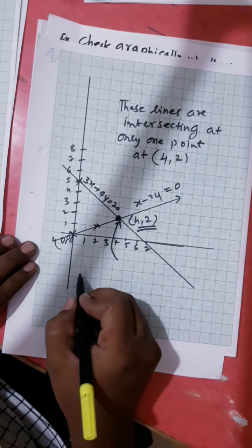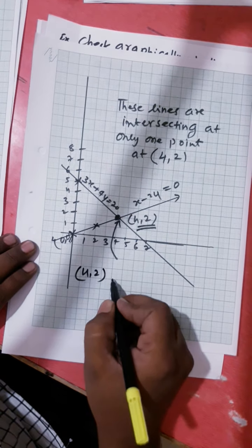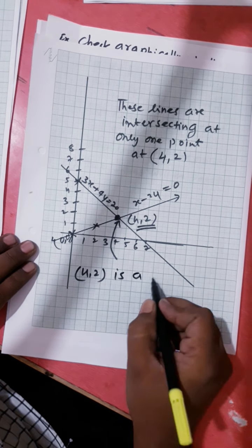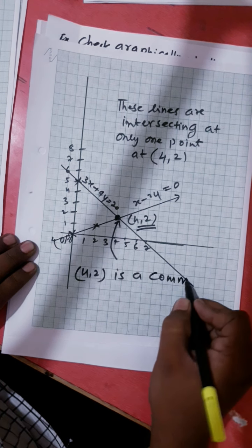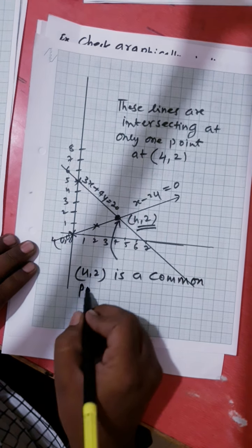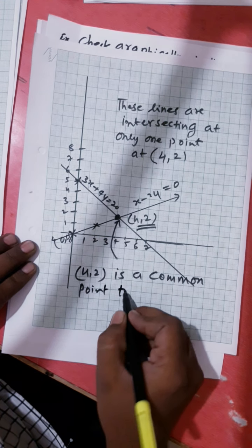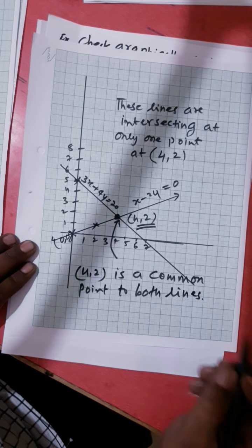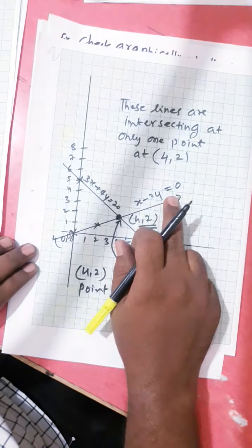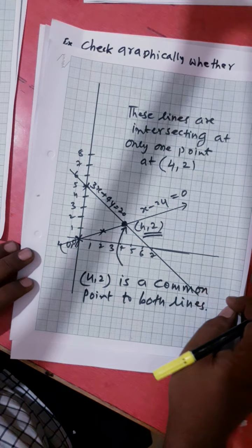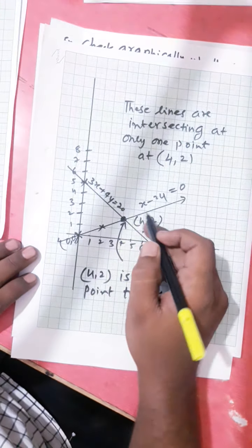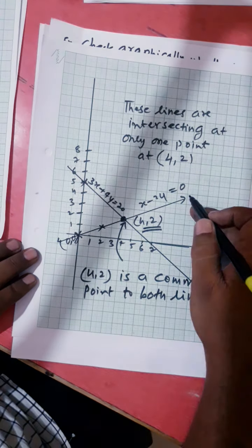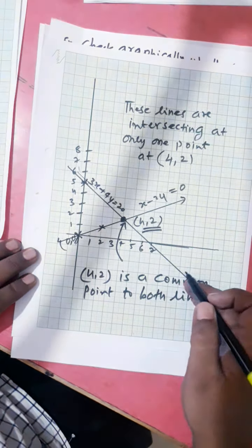That means (4, 2) is a common point to both the lines. If they are intersecting at a point, then we say that this point is common to both the lines. It is lying on this line also, and on this line also.